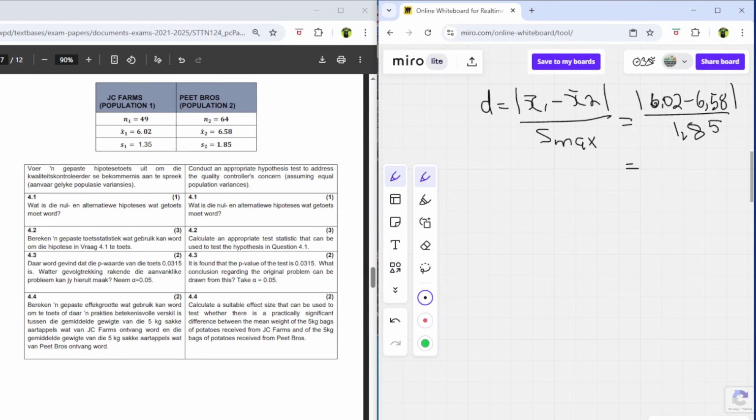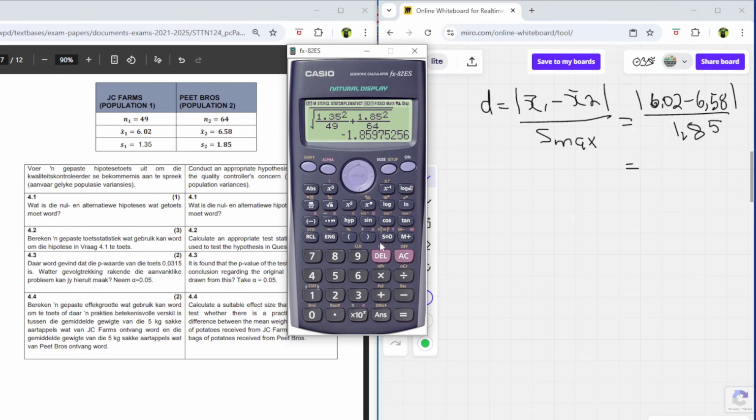And for the answer, we go to the calculator. Here you do the fraction first, and then you do the absolute value. ABS is the absolute value. The reason for this is that we want our answer to always be positive. If you take a smaller number and subtract a bigger number, you get a negative number, and the effect size is always positive, never negative.